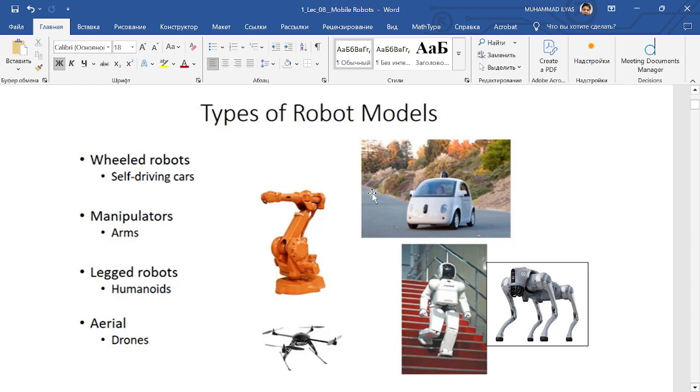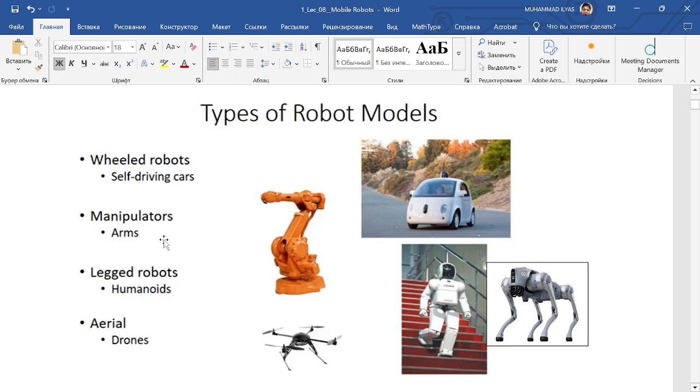The examples of mobile robots are very well known to you: any vehicle which can move on wheels, which has wheels. For example, you work in your labs on the Arduino robot. So that is an example of the wheeled robots, meaning any robot which can use wheels to move from one place to another, right?